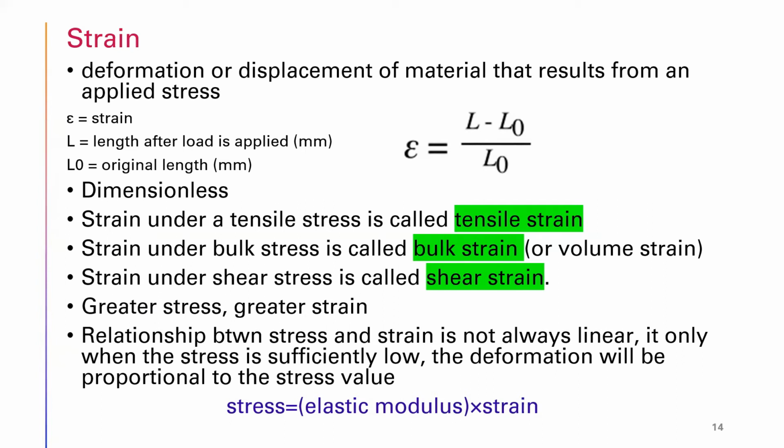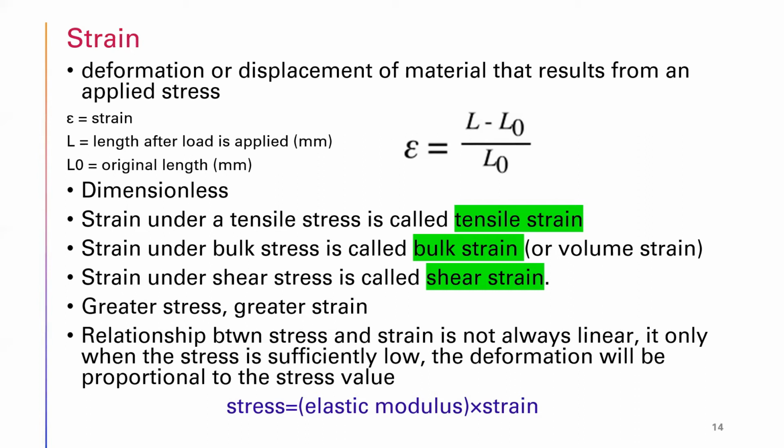Strain is dimensionless because the units cancel each other out. Strain under a tensile stress is called tensile strain. Strain under bulk stress is called bulk strain. Strain under shear stress is called shear strain.